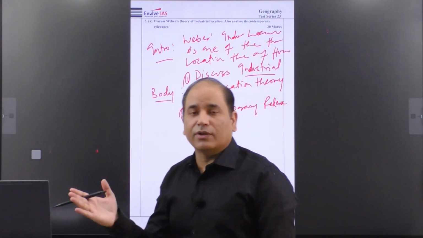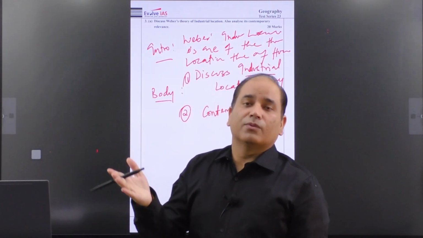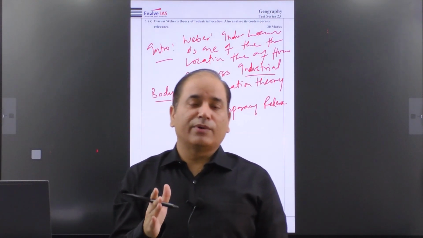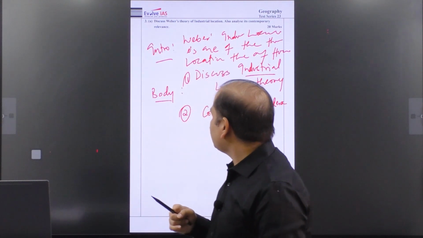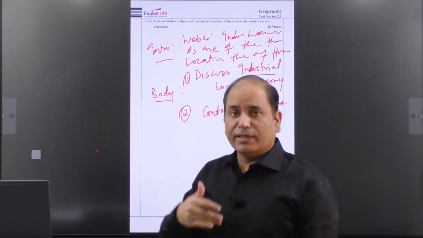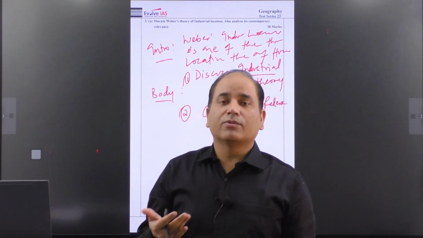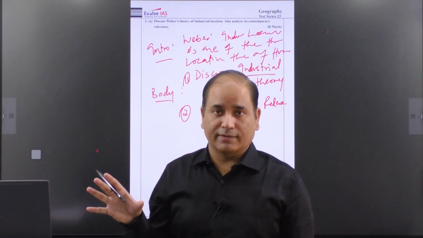The other two theories are von Thunen's agricultural location model and Christaller's central place theory. Weber gave this theory to suggest where the industry should be located.